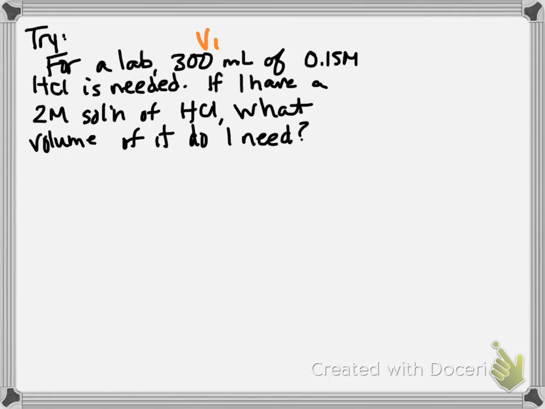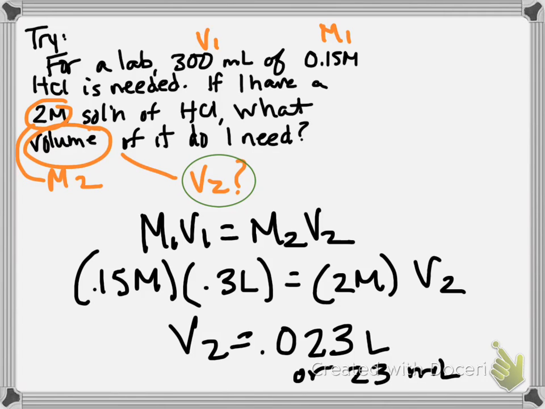Okay, so when I go through and read this, it says for lab 300 milliliters, and you'll notice this, I even do this on my key, I kind of write it down as I go. 300 milliliters is V1, 0.15 molar is M1, 2 molar is M2, and the volume is what I'm looking for.